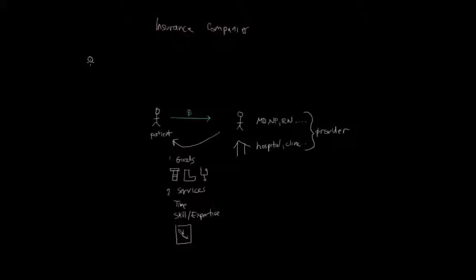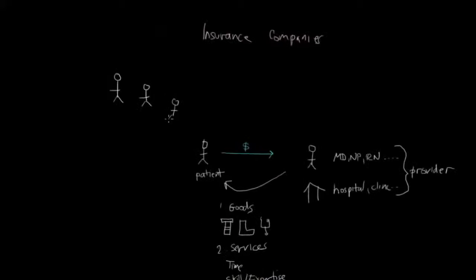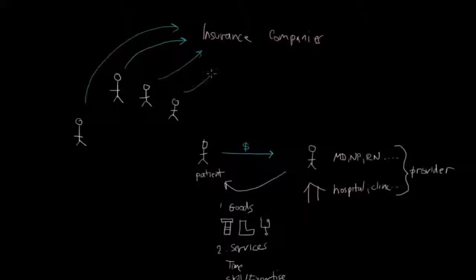Well, let's say that there's a group of patients, and not all of them have really gotten sick yet, but most of them are still pretty healthy. But they're trying to think ahead and protect themselves from that future major medical expense. And so they're all going to send money to an insurance company as individuals right here.